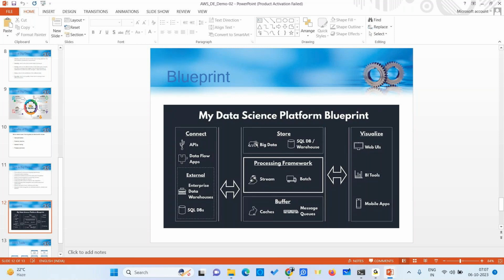There they use normal transactional databases, called OLTP systems, such as Oracle, SQL Server, MySQL, PostgreSQL. And for big data, we use Hadoop and Cassandra, and also Amazon Redshift.